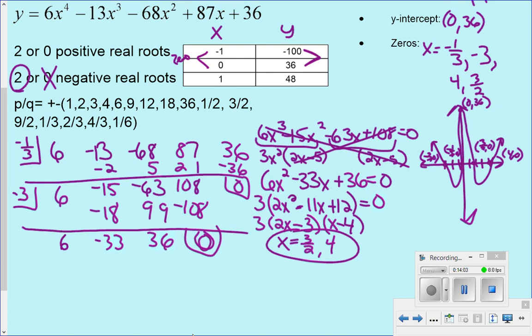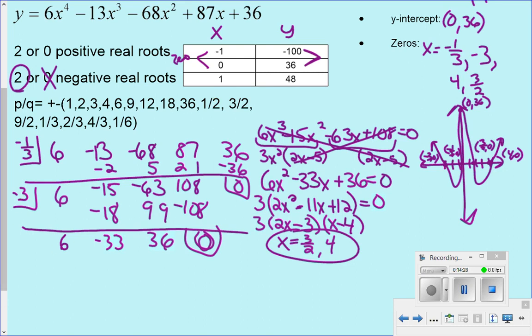And the last thing I want to mention that I also mentioned in class is just be aware that when you're doing this table, it is not you finding the roots. Like let's say one of these gave me 0 for y. That tells me, let's say like 1 gave me 0, that tells me that 1 is a root, but that doesn't keep me from having to do synthetic division.